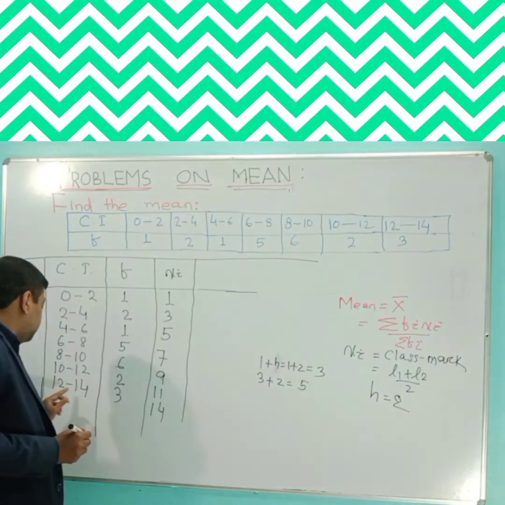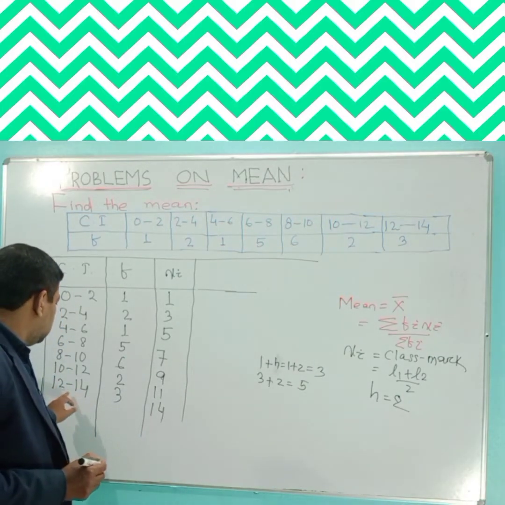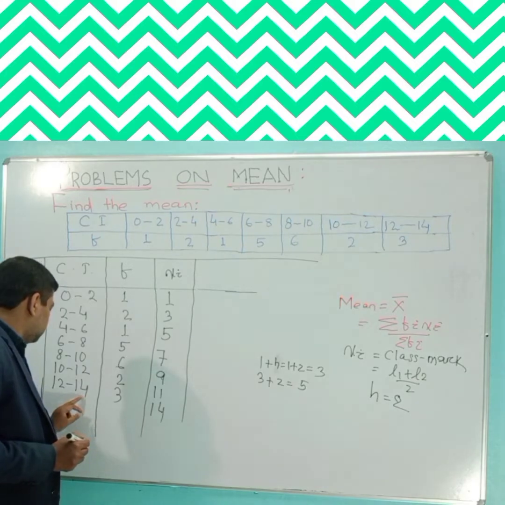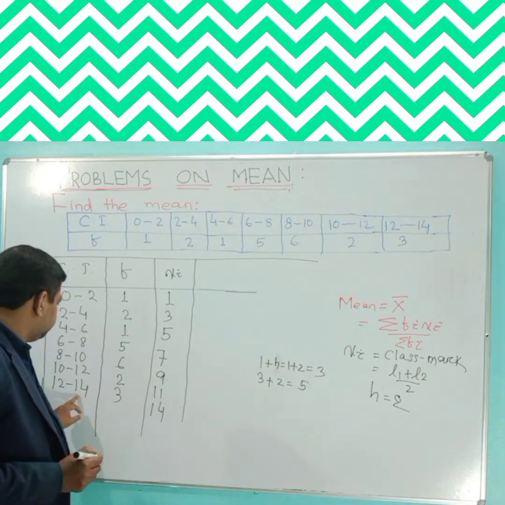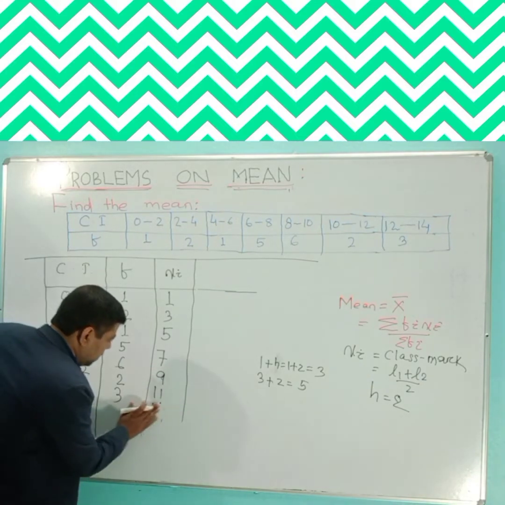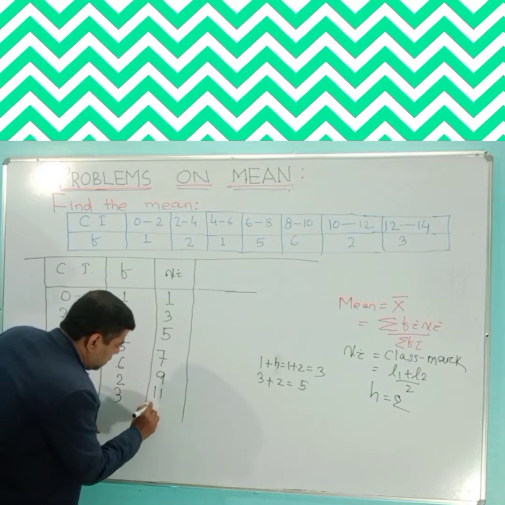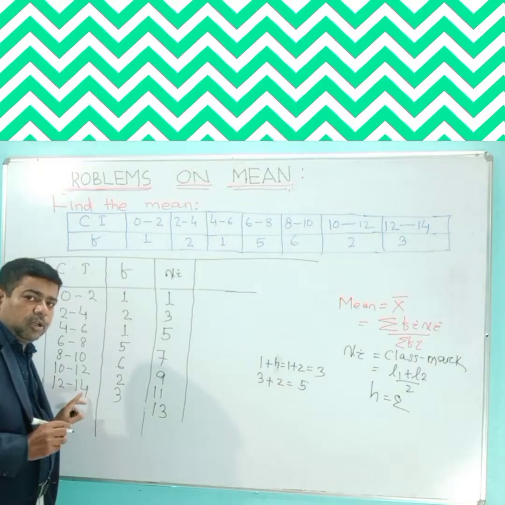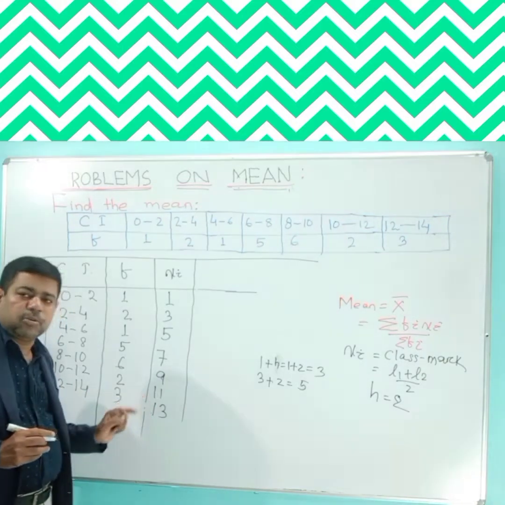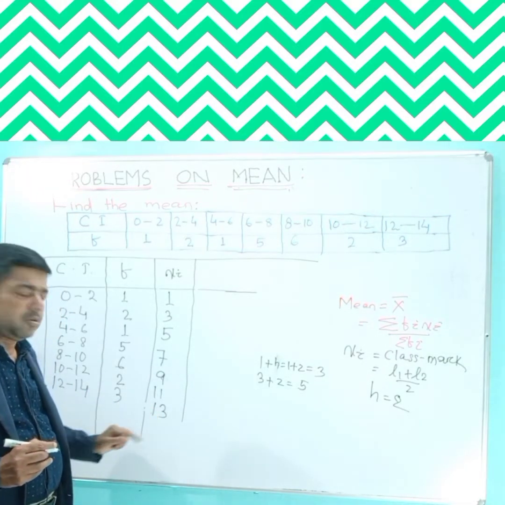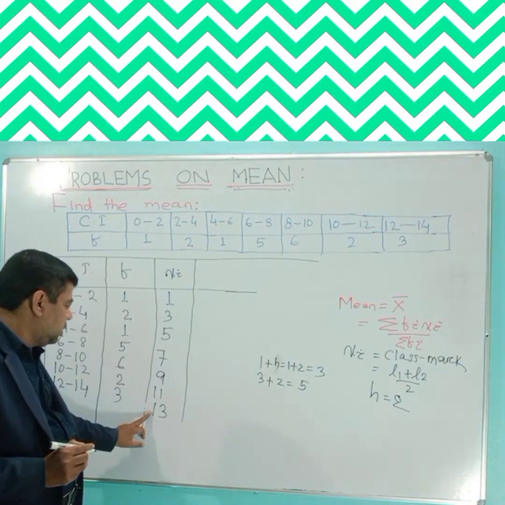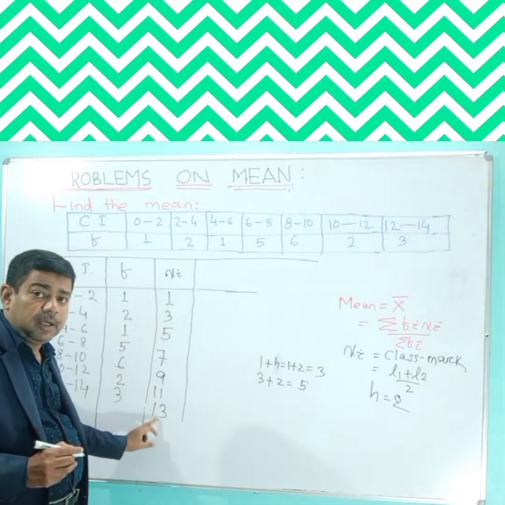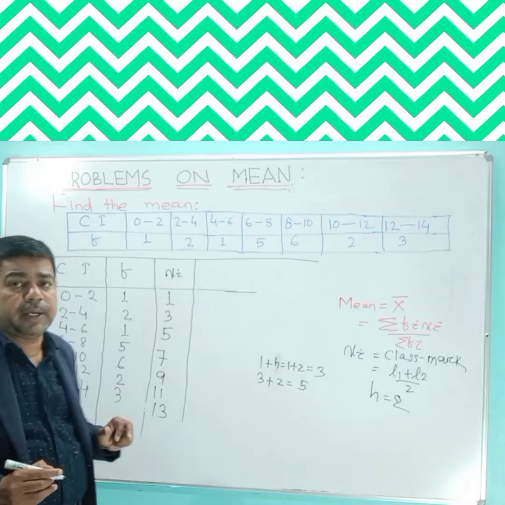And 12 plus 14 is 26, 26 by 2 is 13. So 11 plus 2 is 13, not 14. This is how you find the class mark.